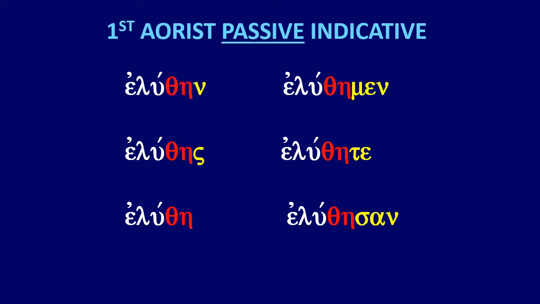With the first aorist passive indicative, I've highlighted for you in color-coded certain identifying features. You'll notice the theta-eta combination highlighted in red, along with the endings in yellow. And so whenever you see the theta-eta combination, you'll know that this is first aorist passive.